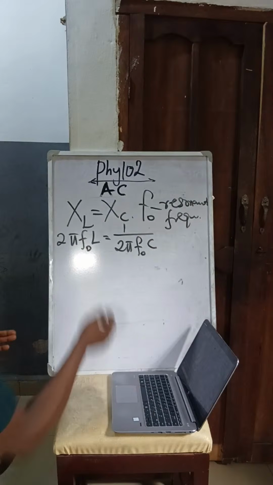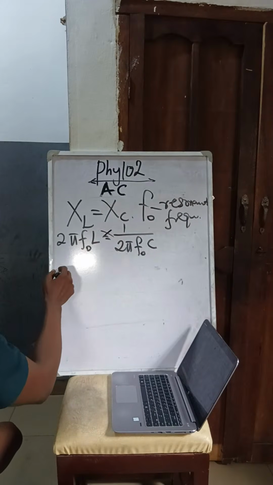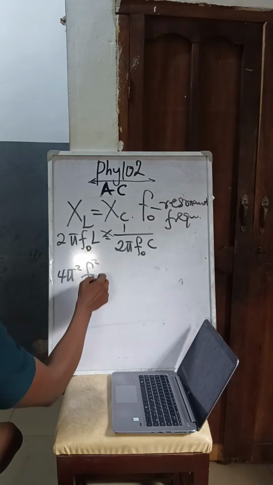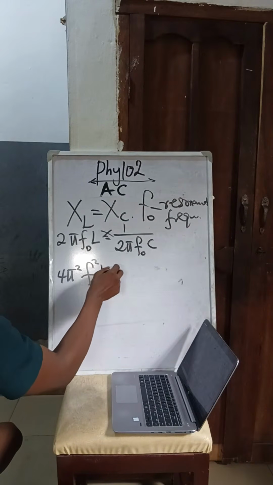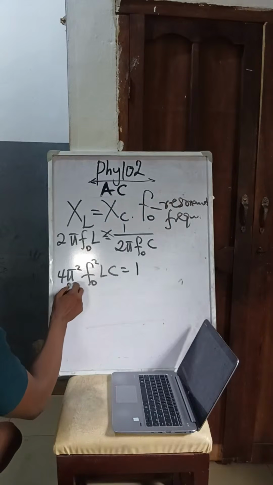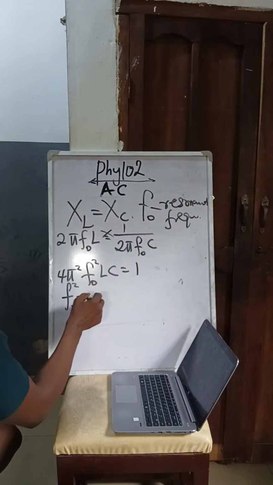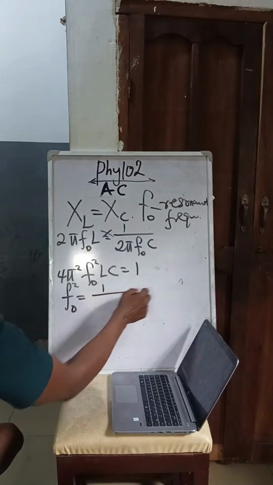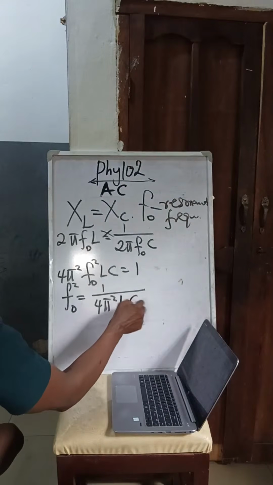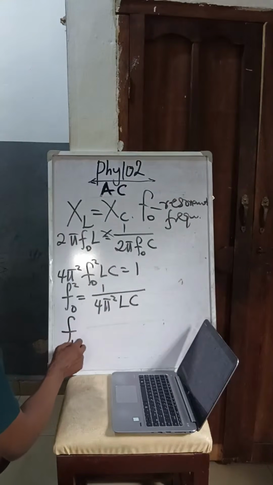Cross multiply: 4 pi squared F naught squared LC is equal to 1. So F naught squared is equal to 1 all over 4 pi squared LC. Take the square root of both sides.